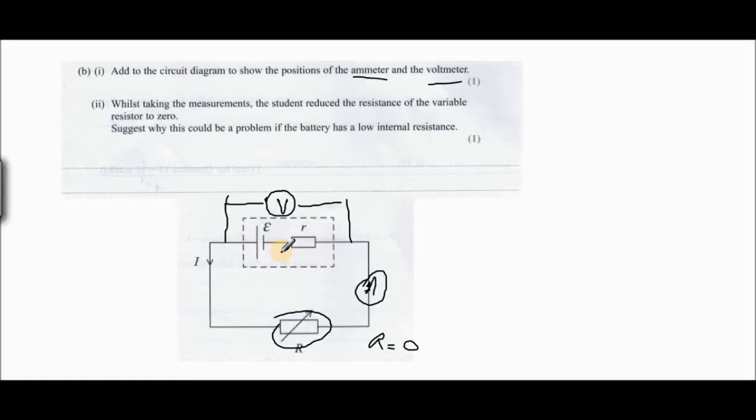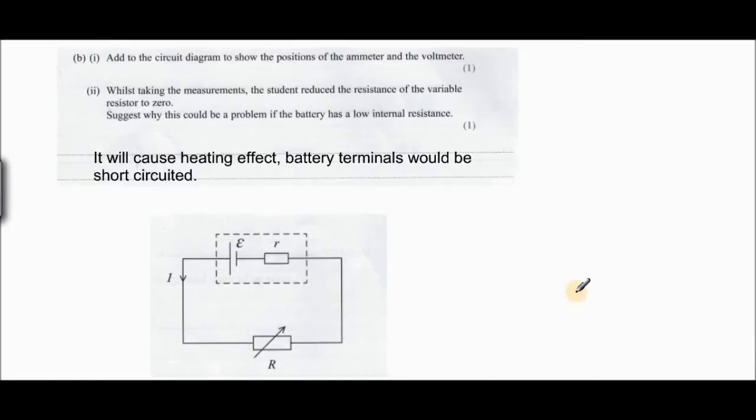It will produce a heating effect, and the battery will discharge quickly. So we can write that it will cause a heating effect. The battery terminal would be short circuited. If you wish, you can add that it will be burned or maybe discharged quickly.